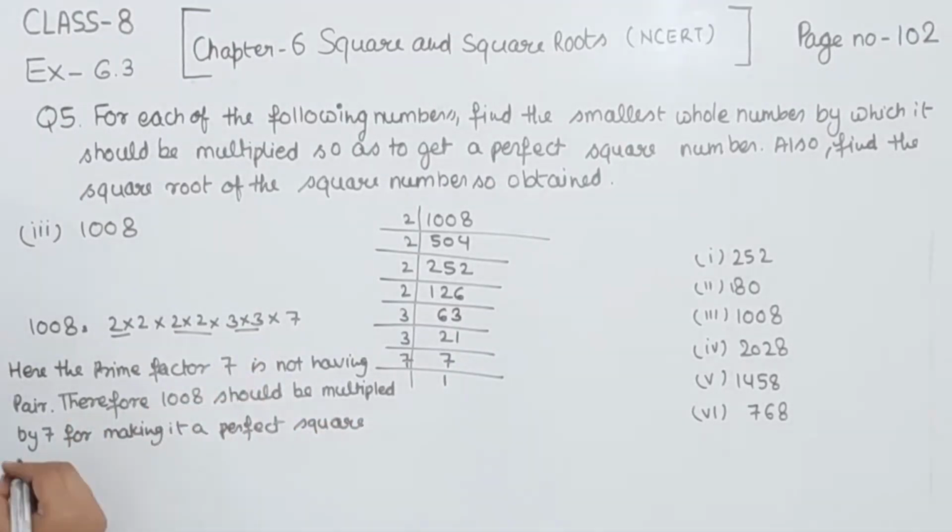So we are going to multiply 1008 by the 7. Now we are going to multiply this one.